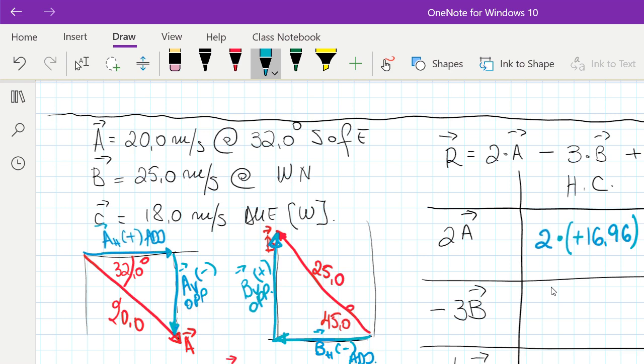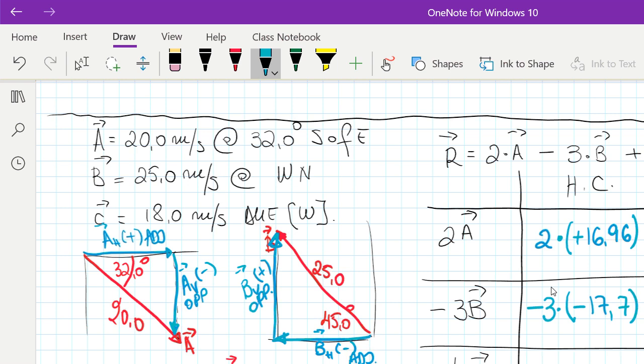And then for B vector, the horizontal component will be 25 times cosine 45, but sine and cosine of 45 are the same. So negative 3, that the formula obligates you, times negative, that the position of the vector dictates you, 17.7.